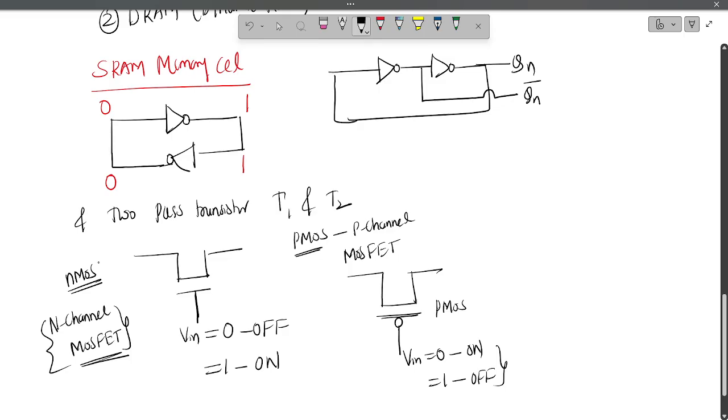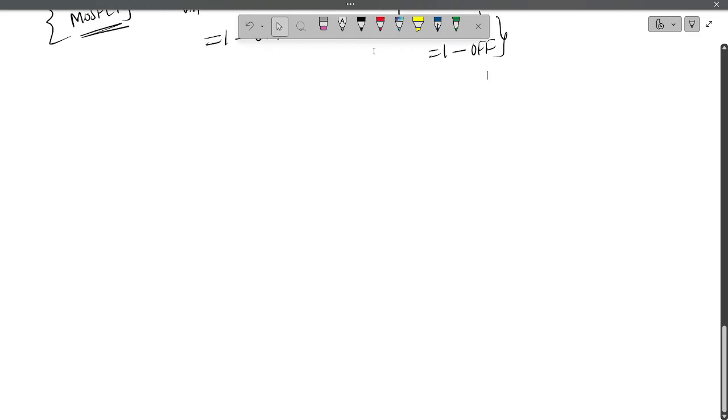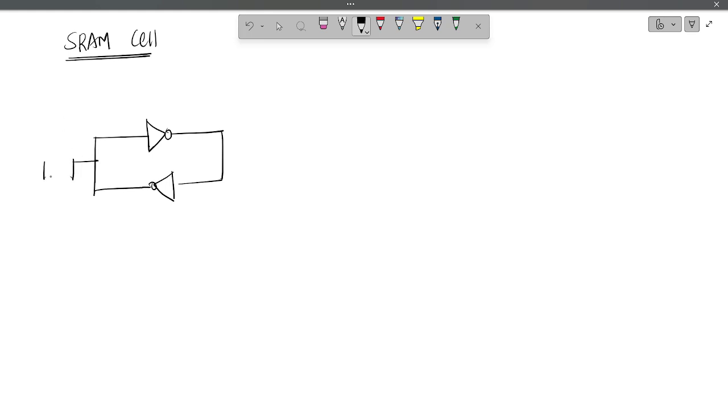So here what happens, we'll see. First I'm drawing the SRAM cell, static RAM cell. First you have two inverters connected back to back, and here you have two pass transistors.